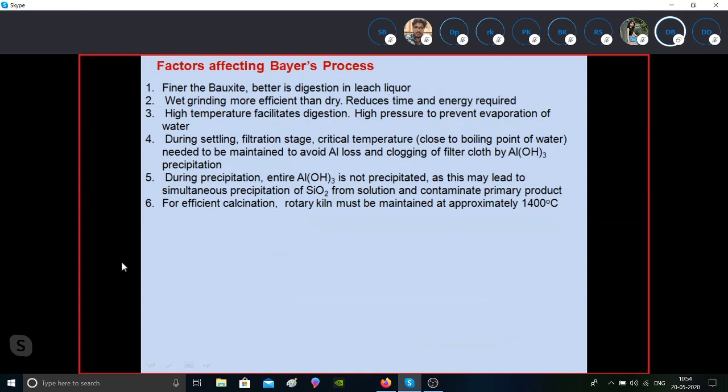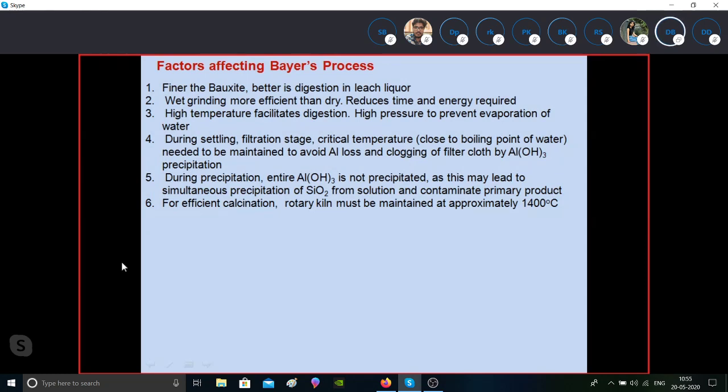Factors affecting Bayer's process. Number one, the bauxite needs to be digested. Therefore, we need to have finer particles of bauxite. During the wet grinding or slurry making stage, we need to convert bauxite into a fine form.